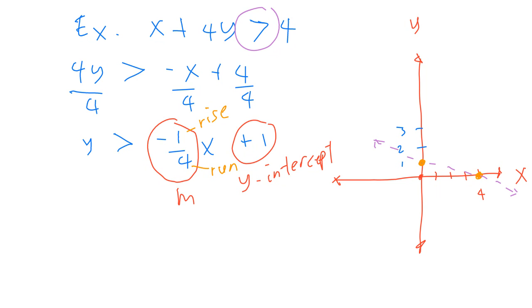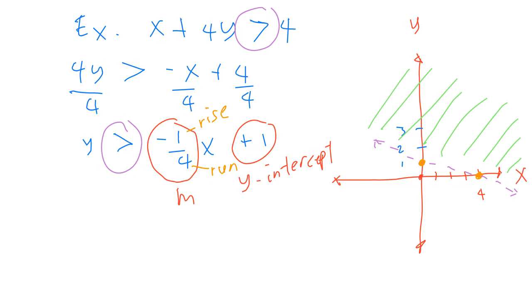And here, using greater than, it means it's going to be the upper part of the line that should be shaded. Again, you will know this as long as you isolate your y. So the upper part would be the shaded part, which is the solution of the linear inequality.